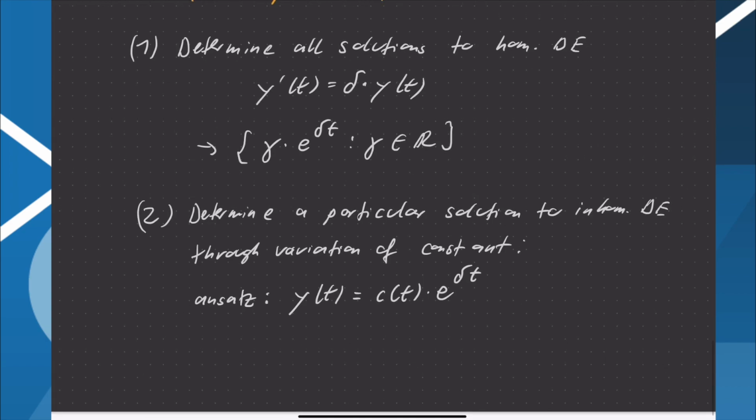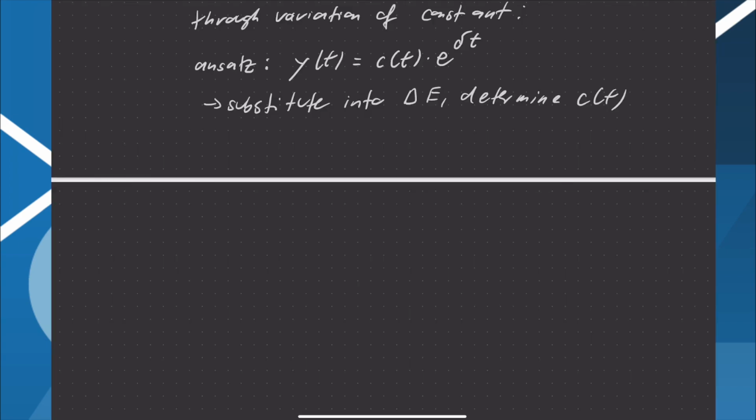And we substitute this into the differential equation and determine the function c of t. And that gives us a set of solutions to the inhomogeneous system.